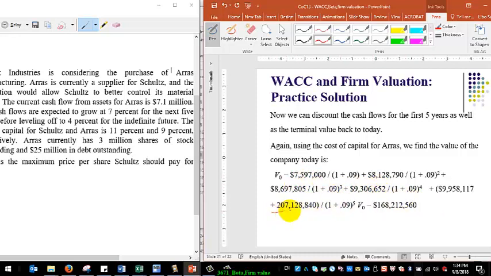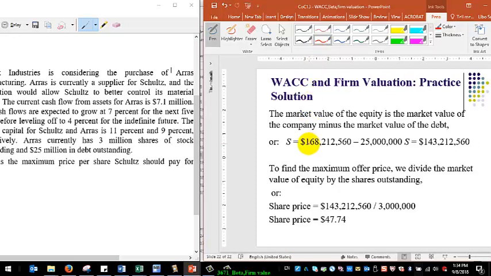Remember, in the last year, we have cash flow 5 plus terminal value together. This gives us a total firm value of 168,212,560.